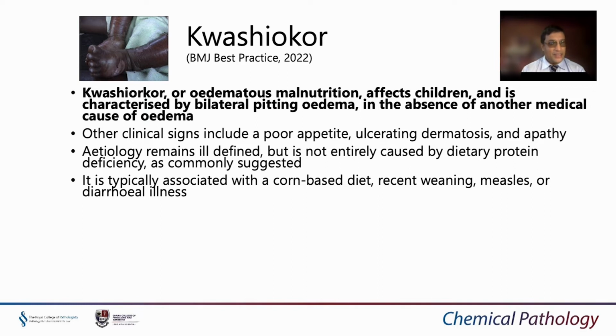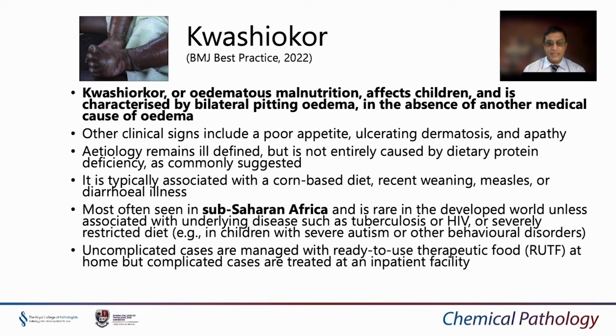Etiology remains ill-defined and is thought to be linked to the dietary protein deficiency that we've spoken to. It is typically associated with a corn-based diet, recent weaning, measles, or diarrheal diseases. It commonly occurs within the sub-Saharan African area, associated with other chronic diseases like tuberculosis or HIV, and these tend to have high prevalences, these latter diseases, within the sub-Saharan area.